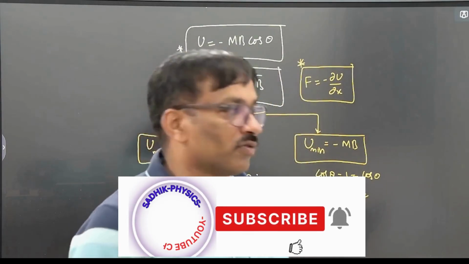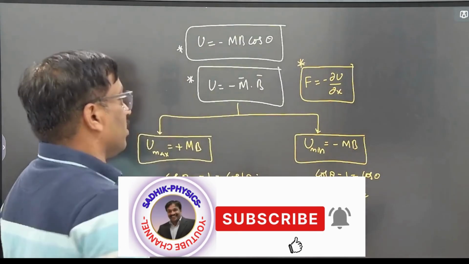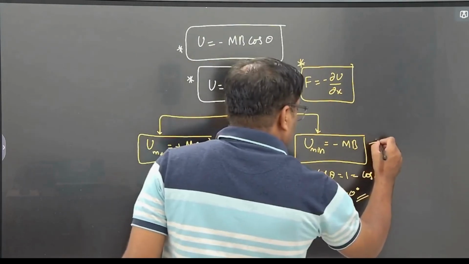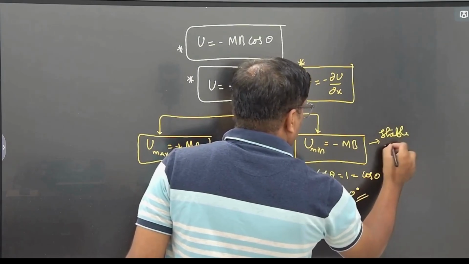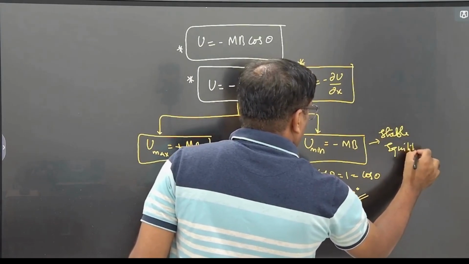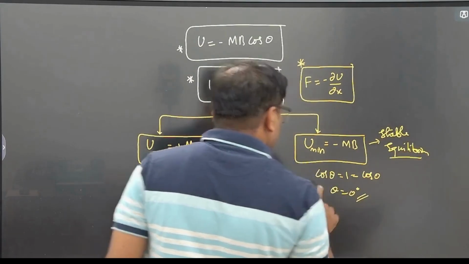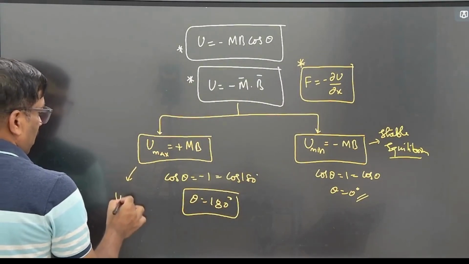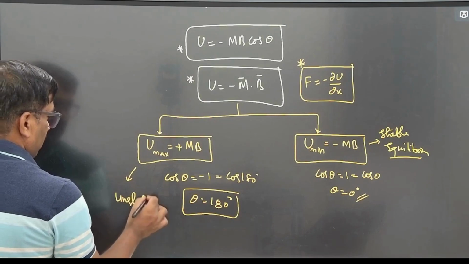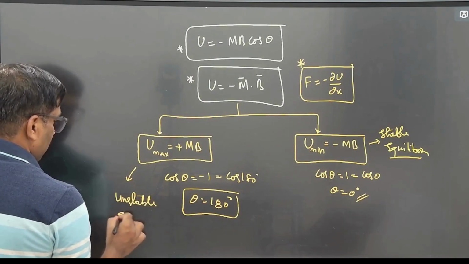Unstable equilibrium means potential energy is maximum. If this coil is in this situation, that is said to be stable equilibrium. Potential energy minimum is stable equilibrium, and potential energy maximum is unstable equilibrium.